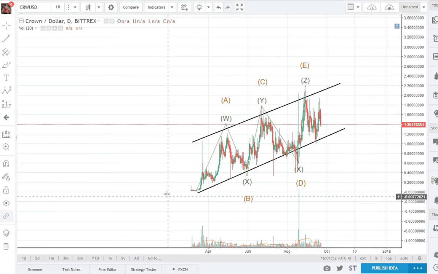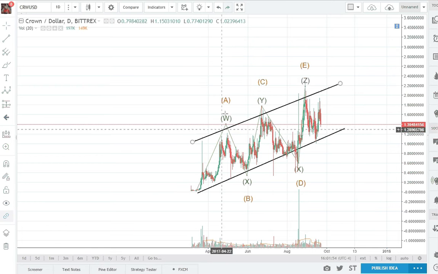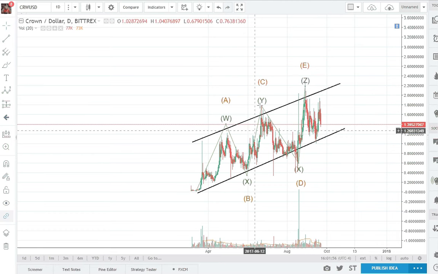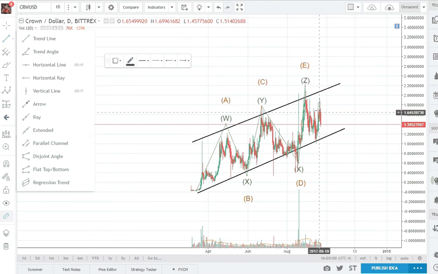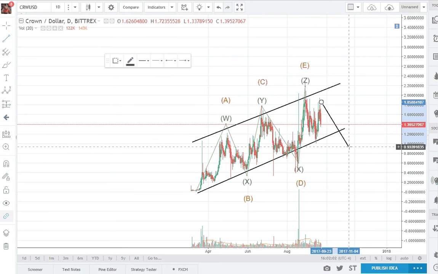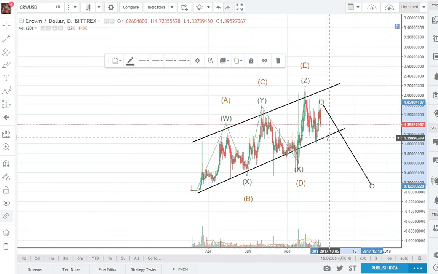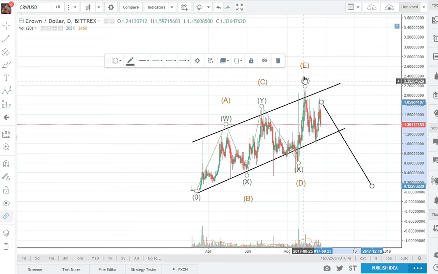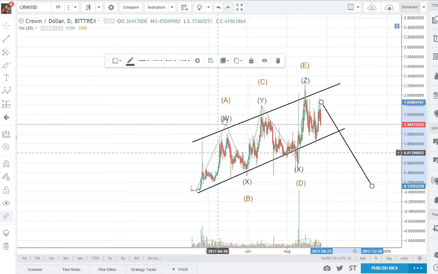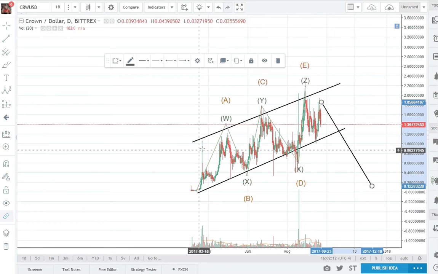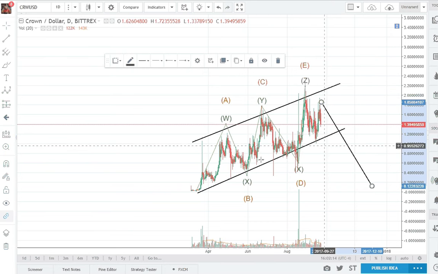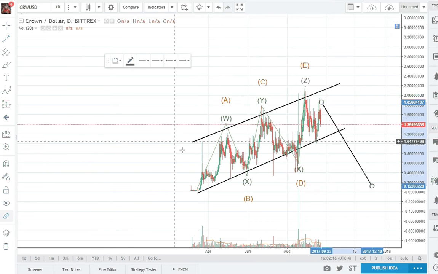Now, because I'm assuming labeling it this way, A, B, C, D, E, most likely means if prices break down, the next step is a breakdown. A, B, C, D, E usually, and this is upward pointing. Remember the flag I was telling you about in the prior analysis?